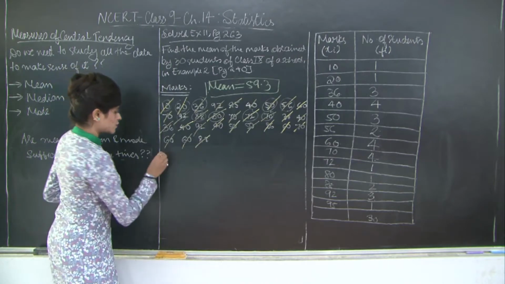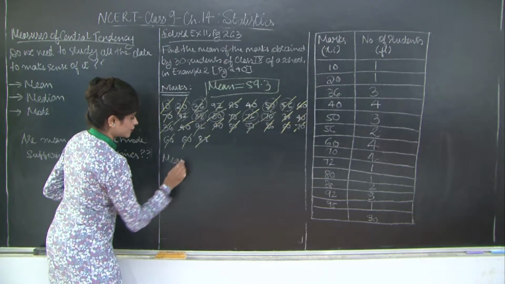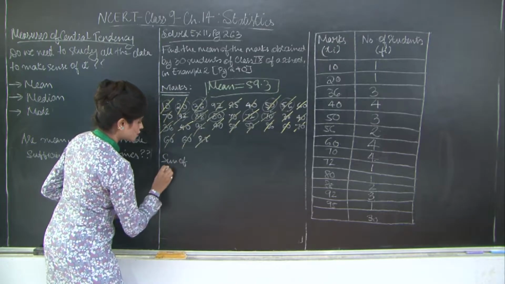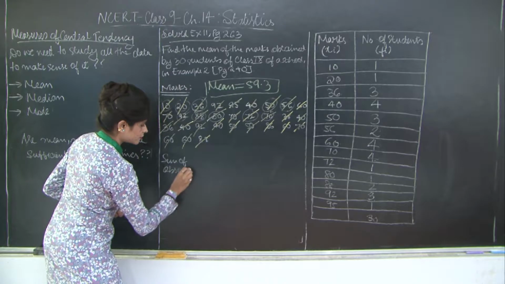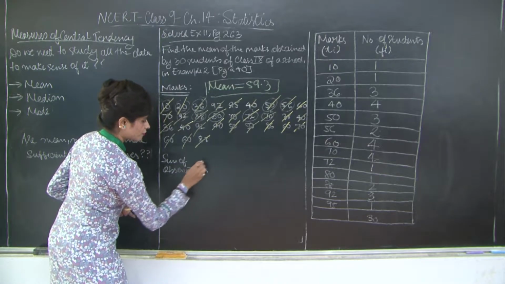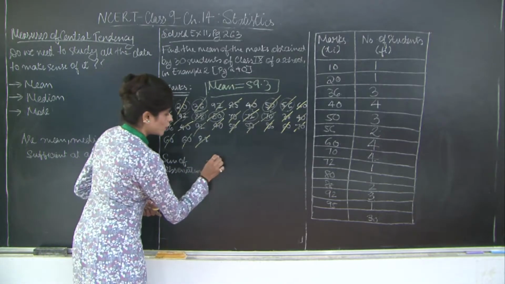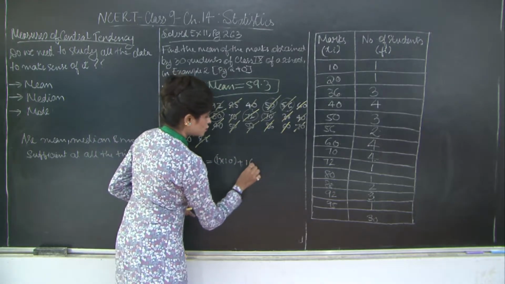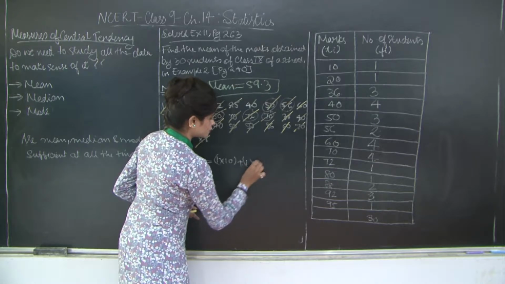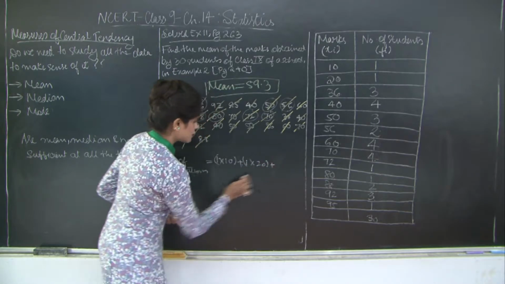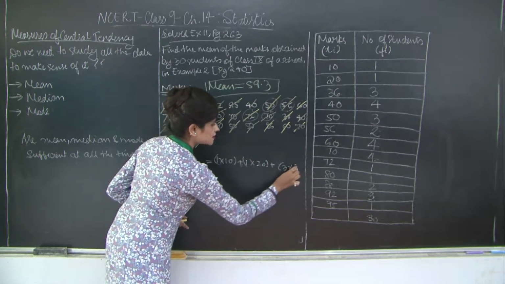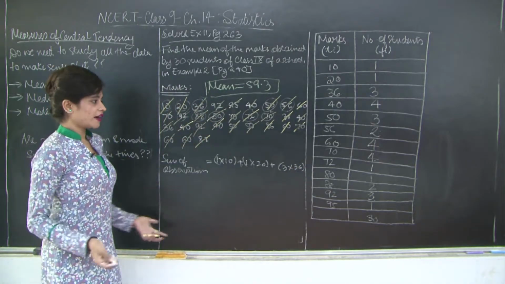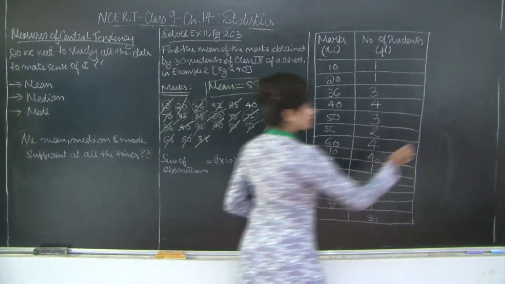See how we are going to do this. I am going to say the sum of observations is going to be 1 into 10 plus 1 into 20 plus 3 into 36. So why am I writing it like this? Because let's say there are 4 friends.